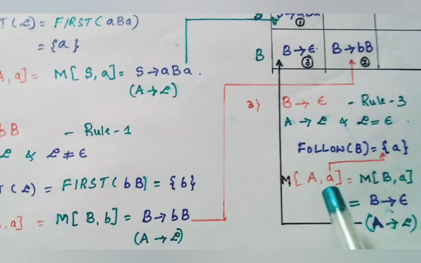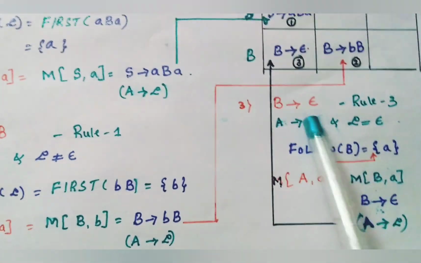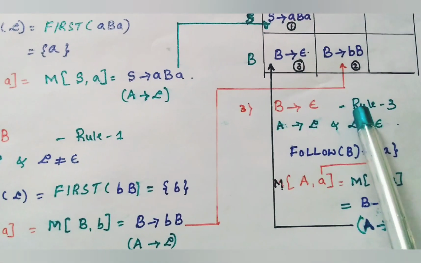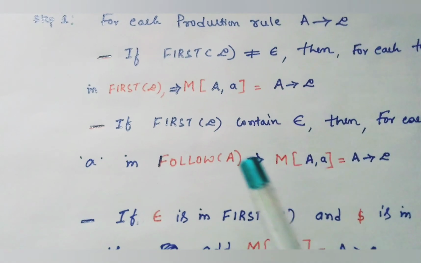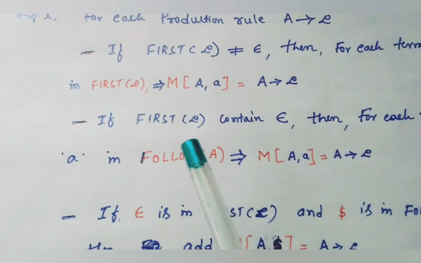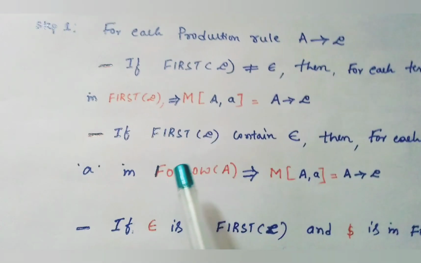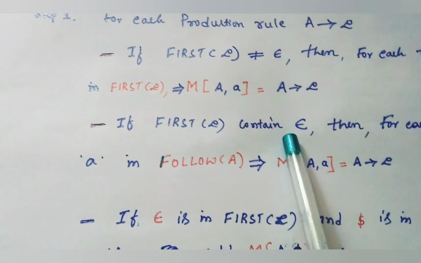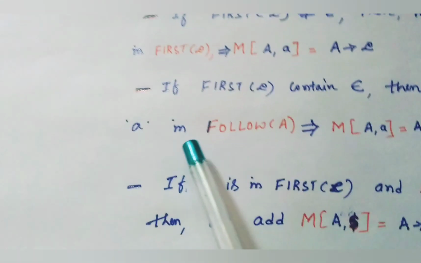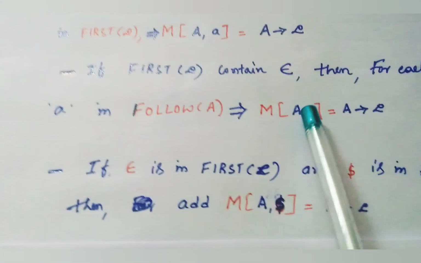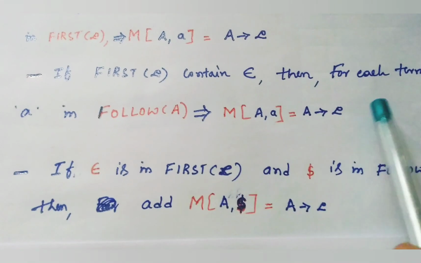Considering the third rule, B tends to epsilon, which is the second condition in my predictive parsing table. The rule says that if first of alpha contains epsilon, then for each terminal symbol which is in follow of A, make an entry M of A comma a is equal to A tends to alpha.